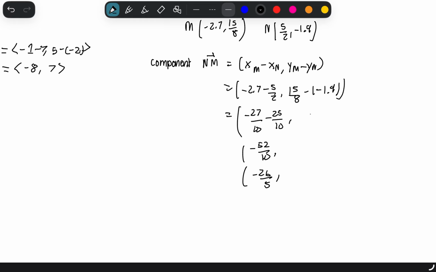Now here, for 15 over 8, we can write that as 75 over 40, and 1.9 we can write as 19 over 10, which we'll write as 76 over 40. So we'll keep that as 40, and then you would just add them. So you get 151 over 40.